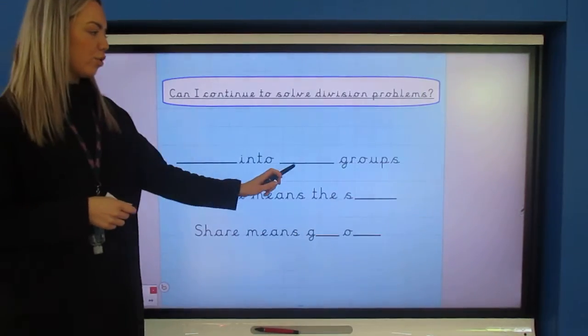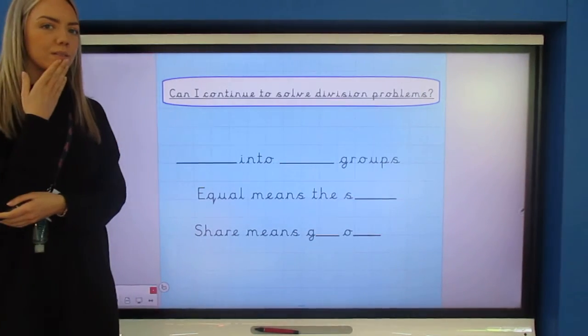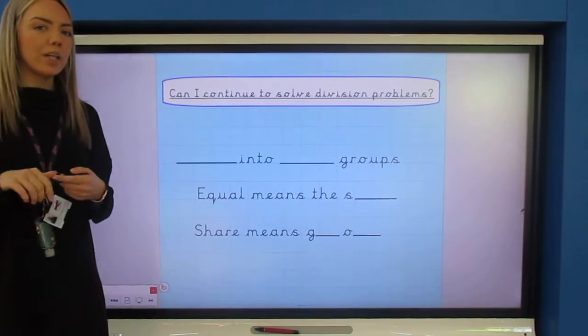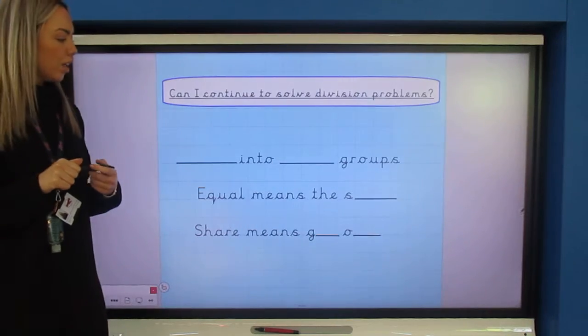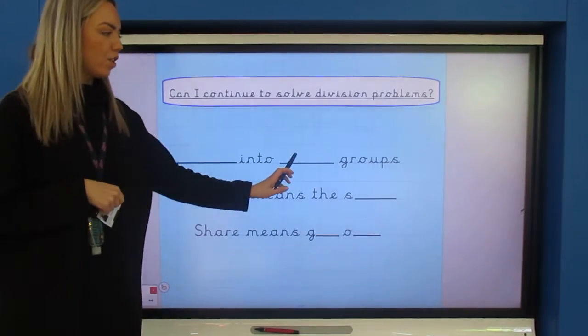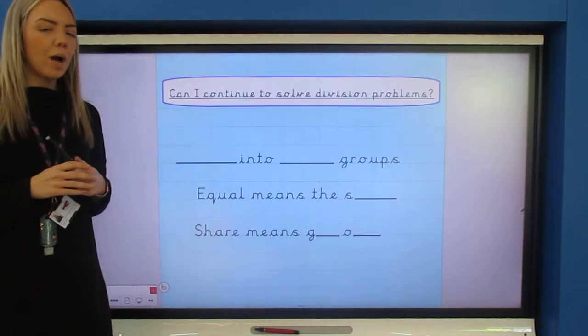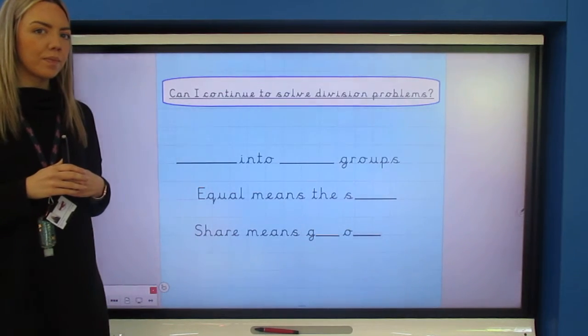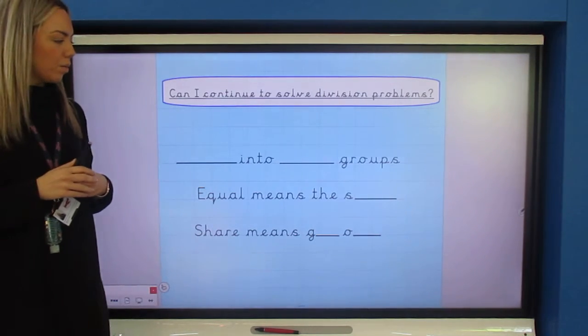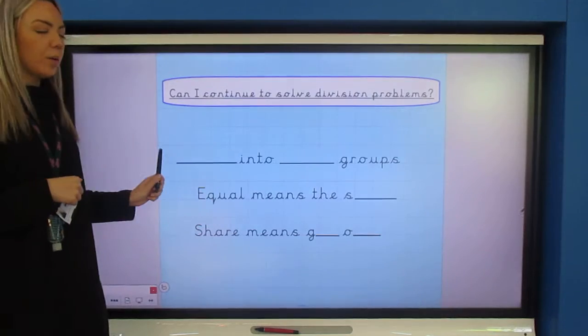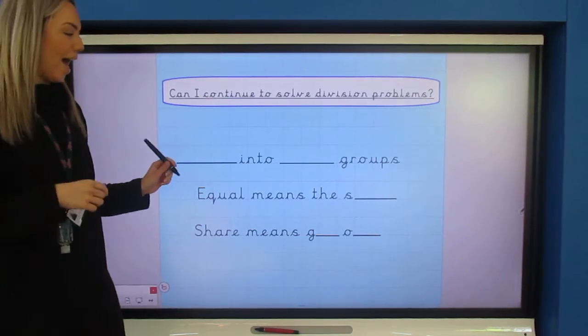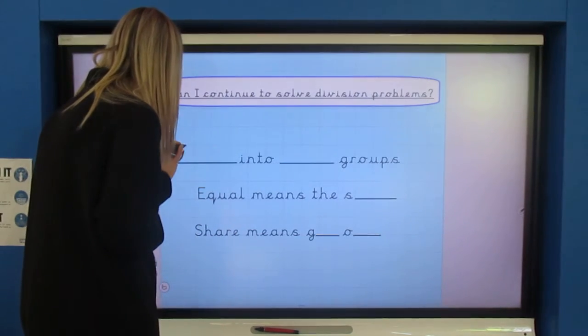Something into something groups. So thinking about what we learned yesterday, something into something groups. Write it on your whiteboards. What do we need to do? Share.